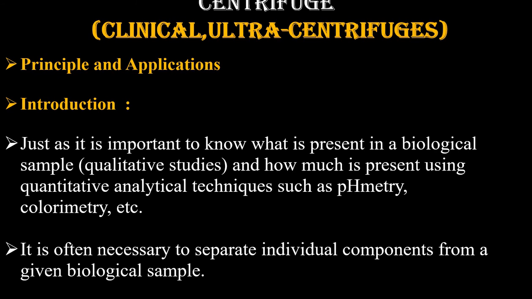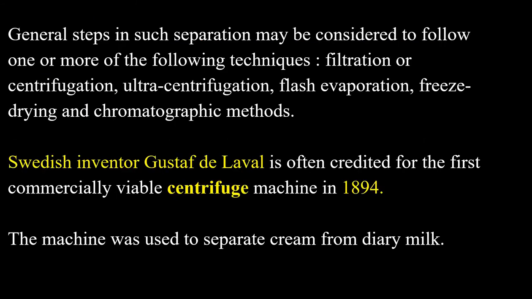It is often necessary to separate individual components from the given biological sample. General steps in such separation may follow one or more of the following techniques: filtration or centrifugation, ultra-centrifugation, flash evaporation, freeze drying, and chromatographic methods.